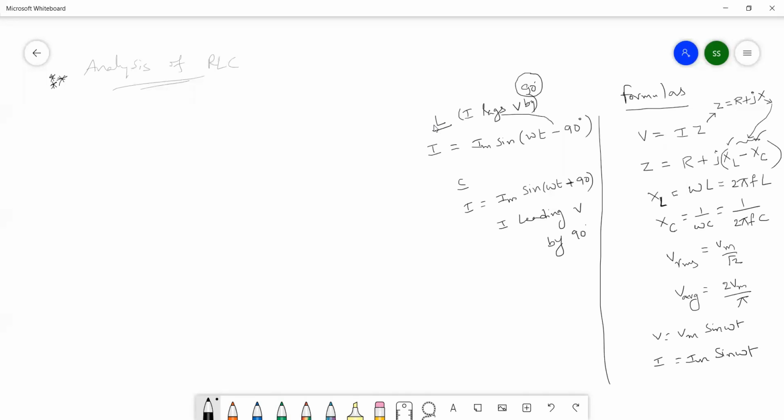So lagging means the polarity should be negative, and leading means the polarity is positive. Remember how to identify whether the given equation is lagging or leading as per the given data in the problem. Correct. Are there any other formulas we need to revise?